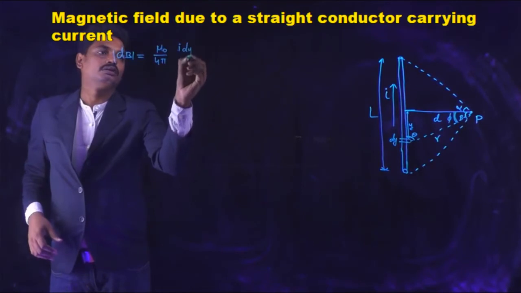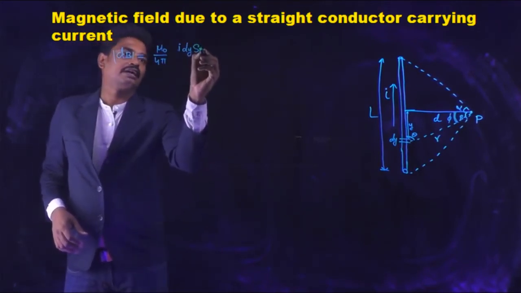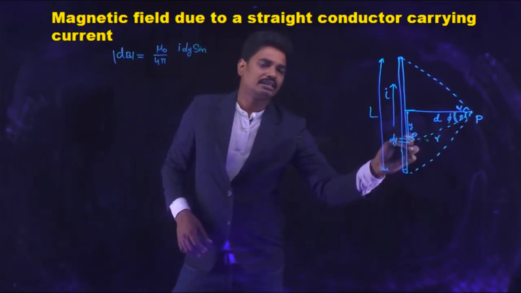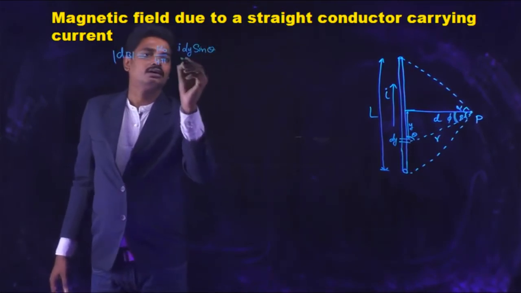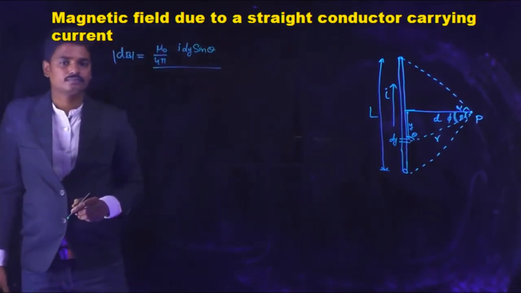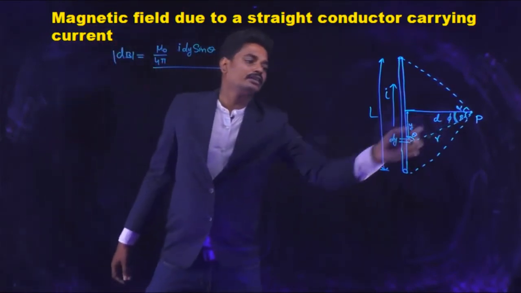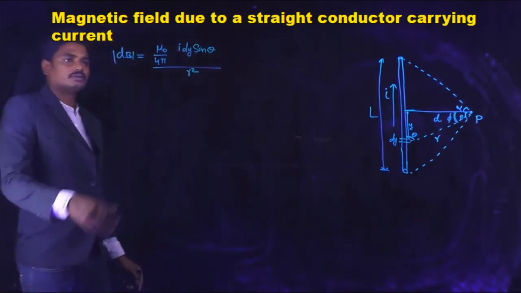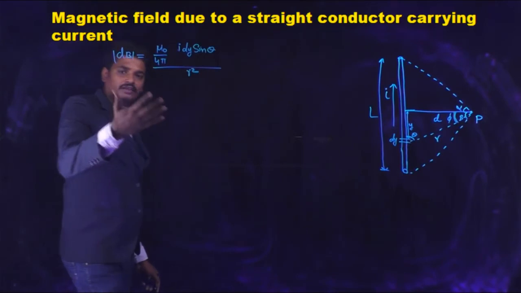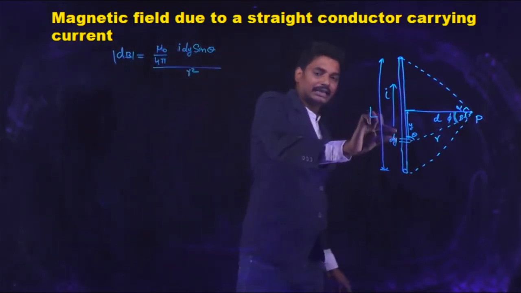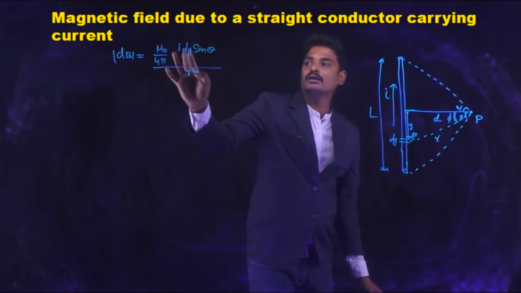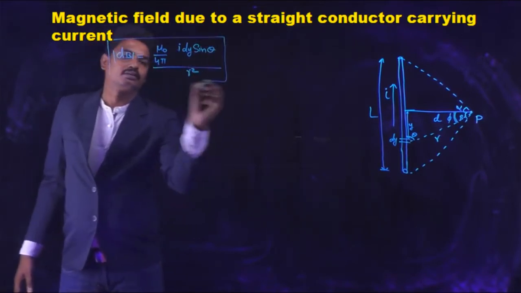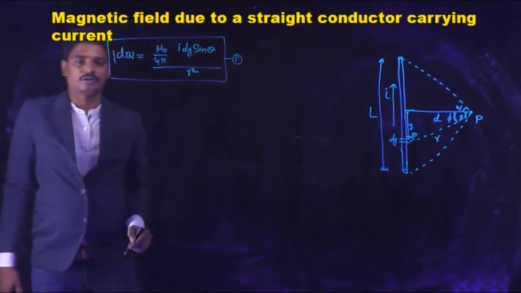So I into dy into sine of the angle between the current and the line joining the point to the element, that is theta, so sin theta divided by the distance between the point and the element, that is r square. So the strength of the magnetic field due to the small current carrying element dy is mu naught by 4 pi I into dy sin theta by r square. Let it be equation number 1.